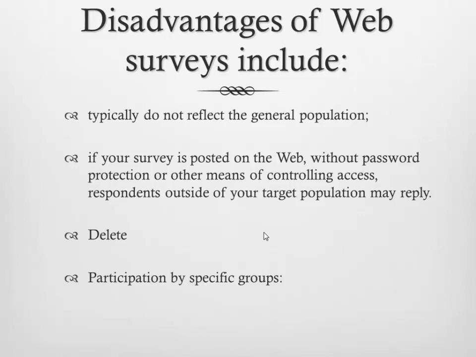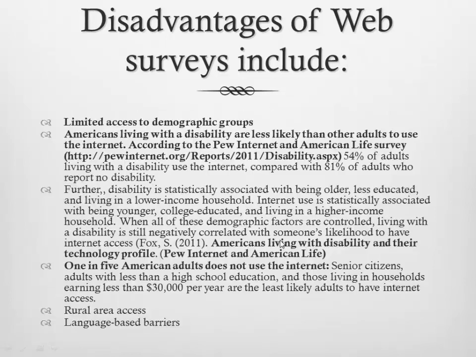And then the access issues, which are really the key issues in terms of disadvantages in rehabilitation counseling research, because you will have more limited access in general to people with disabilities if you use an internet-based survey. And that's just based on statistics.